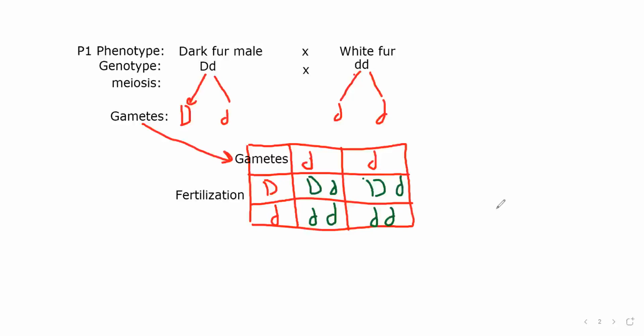Whatever number of children they can have, the children will only have genotypes that are part of the results that we see here, nothing extra. So for example, their children would never have a genotype capital D. It cannot be possible. So the only possibilities are what we have here. This line here shows the genotypes of the offspring.